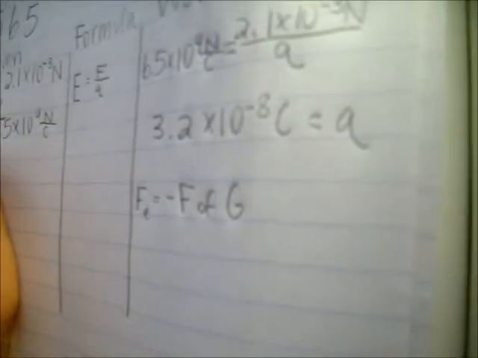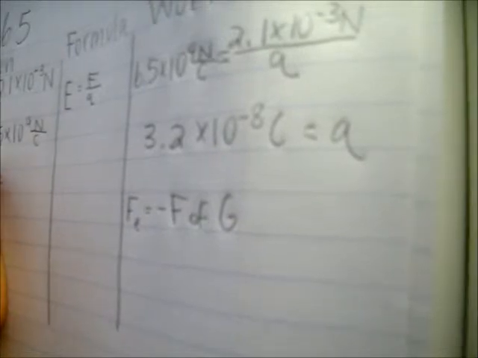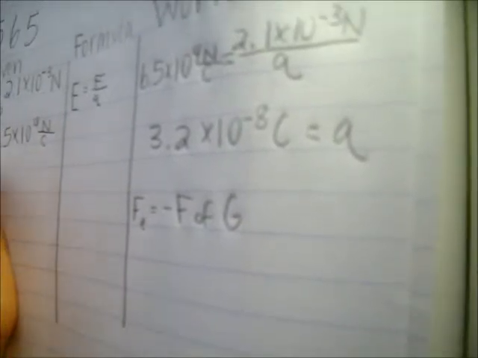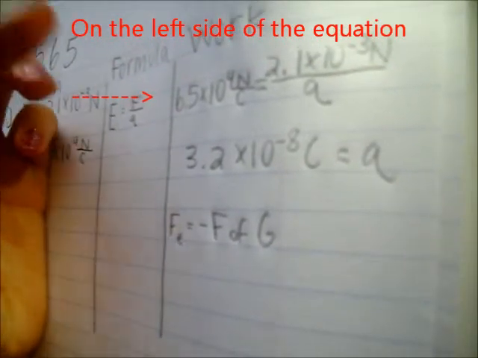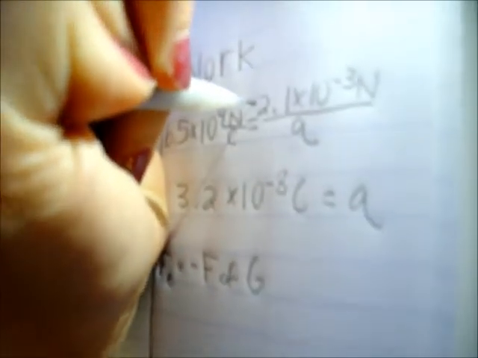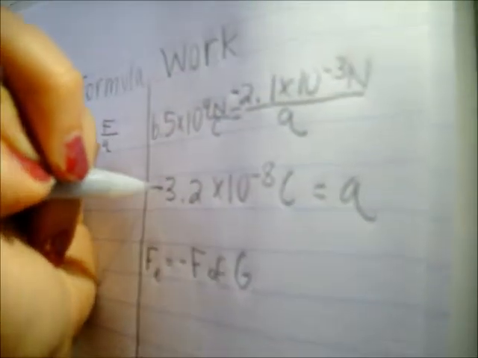So, because the electric force over coulombs, which is electric field, is positive, the force of gravity has to be negative. So we're going to make this negative in the problem, and our answer will be negative.